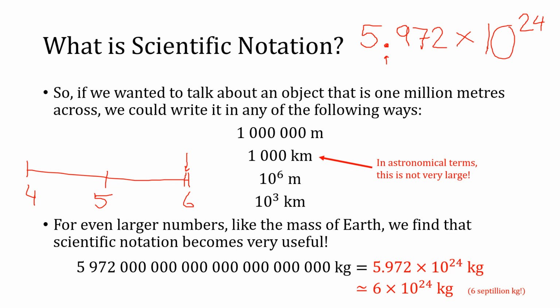So I'm going to round that off and call it 6 times 10 to the 24th kilograms, just so that I can have a rough idea in my head that the mass of Earth is a 6 followed by 24 zeros. Now I'm not going to write all those out because we've got better things to do, but that's the way you can sort of think about it.